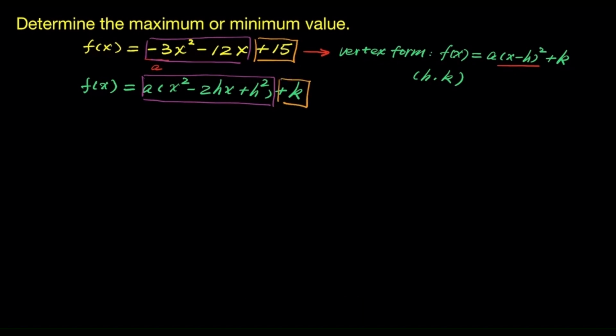So first, let's factor out the negative 3 from these two terms. So we have f(x) equals negative 3 times (x squared, then negative 12 divided by negative 3 will be 4x), then plus 15.